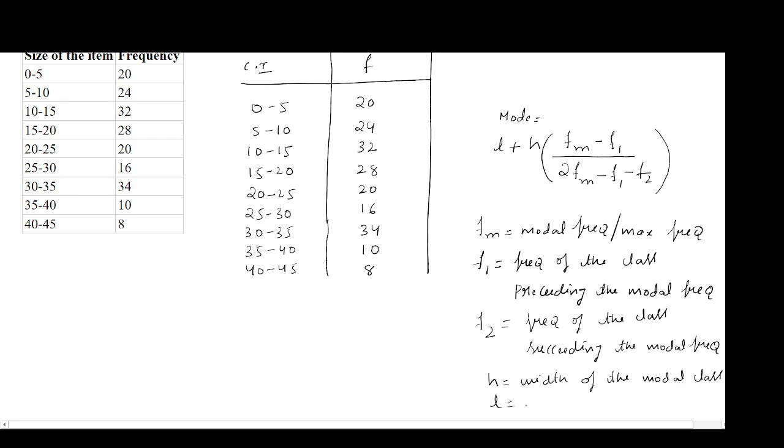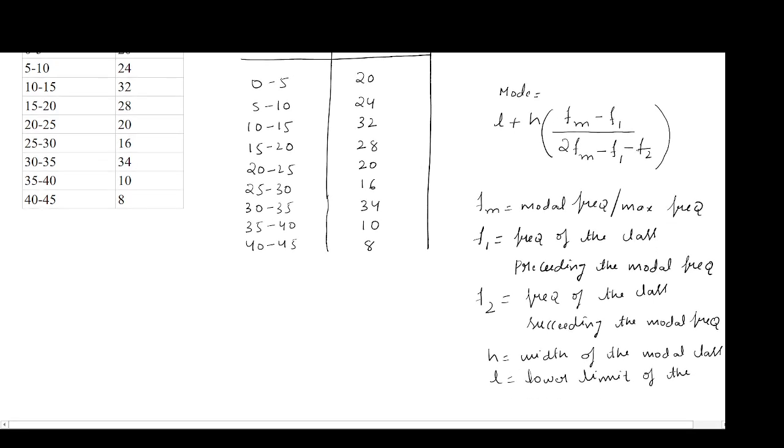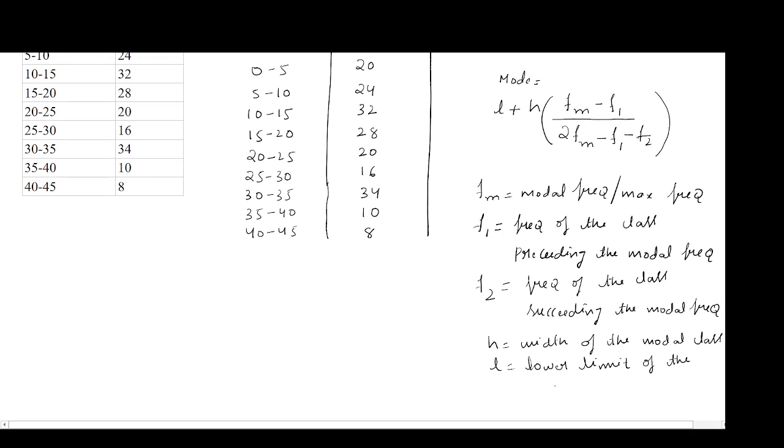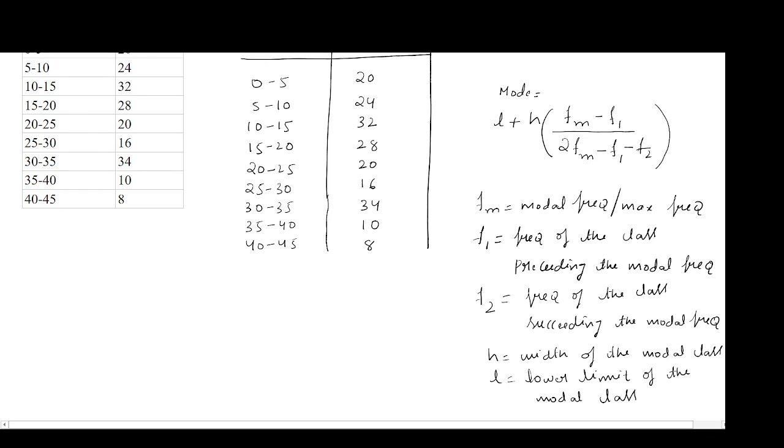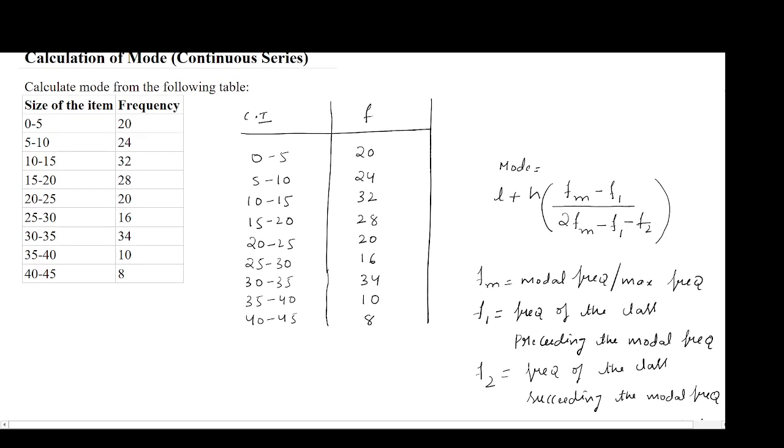L is equal to lower limit of the modal class. So these are the things we have to understand before solving. The calculation is very simple. First we have to write the formula. Mode is equal to L plus H into Fm minus F1 divided by 2 times Fm minus F1 minus F2.